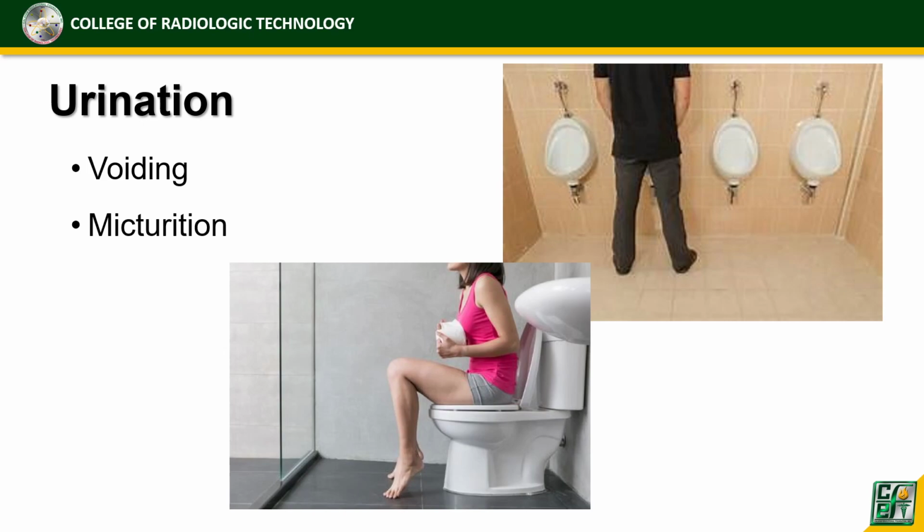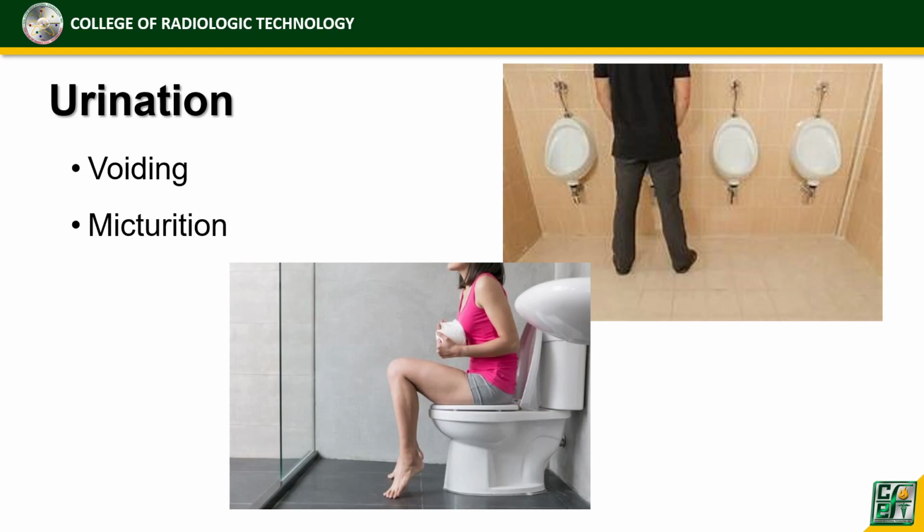So, urination is the process of eliminating urine from the urinary bladder towards the outside of the body. This is also called micturition. Micturition is the medical terminology for urination. In the clinical setting, we may frequently hear the word voiding.